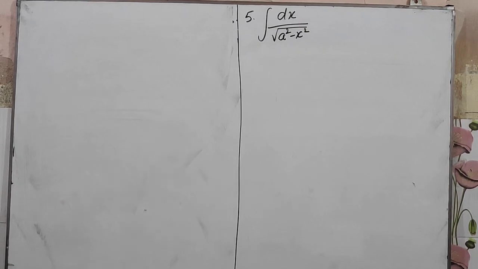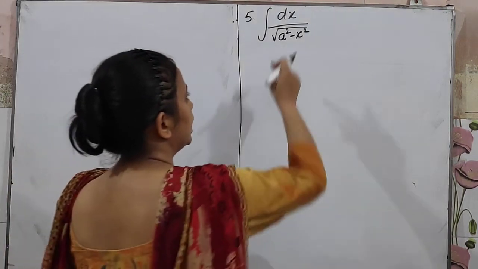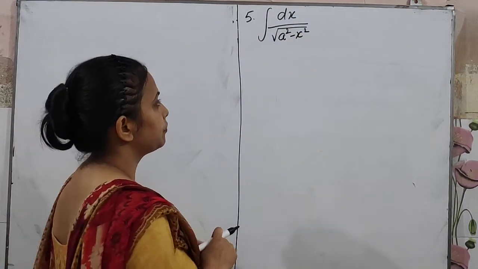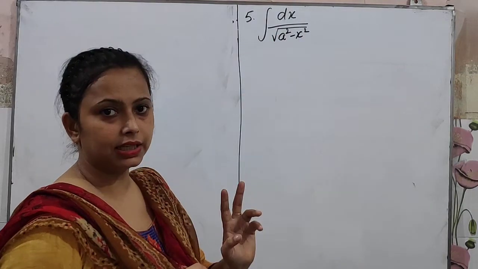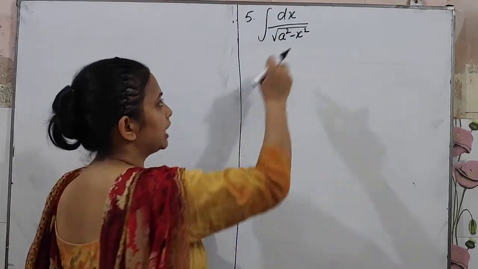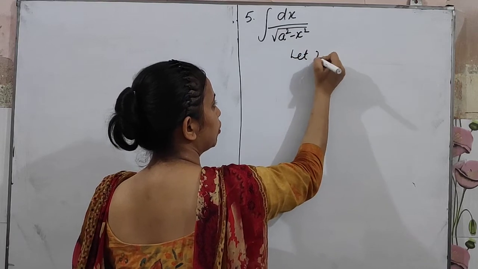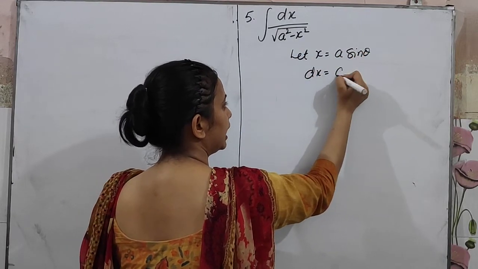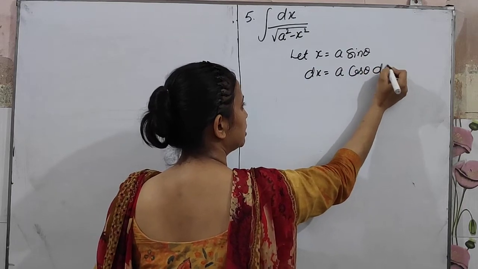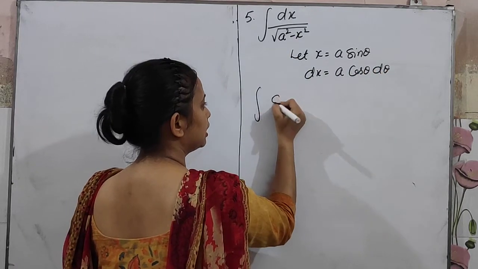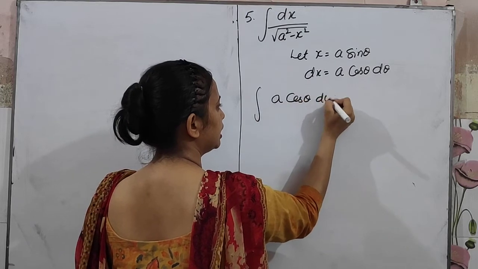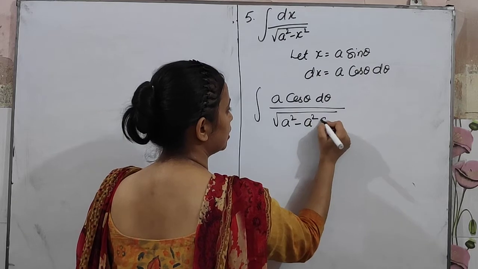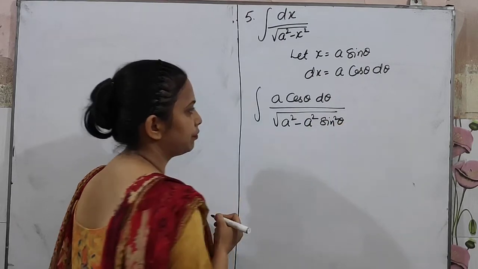See students, next is question number 5. Integration of dx upon root a square minus x square. Here it is 1 minus sine square theta, so it can be solved. We take x equal to a sine theta, dx equal to a cos theta d theta. Substitute here a cos theta d theta divided by under root of a square minus a square sine square theta.